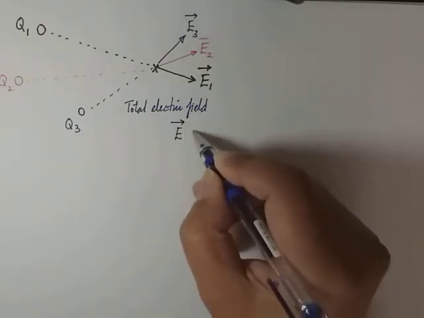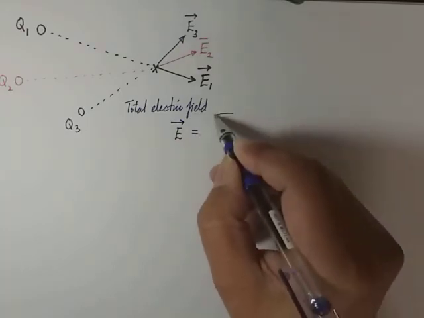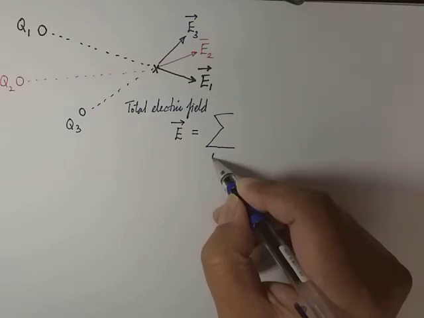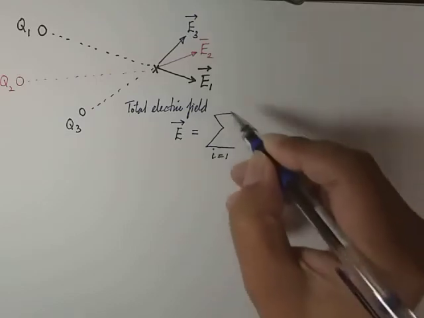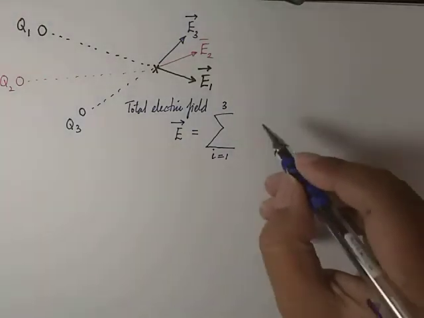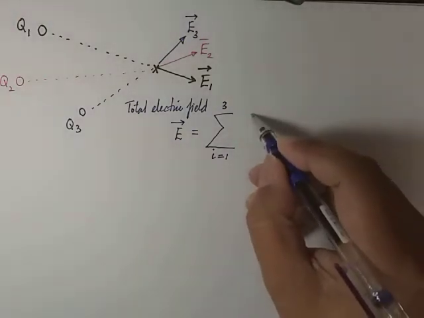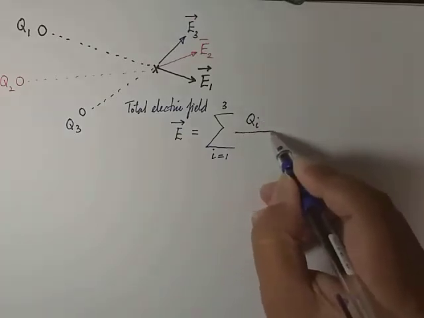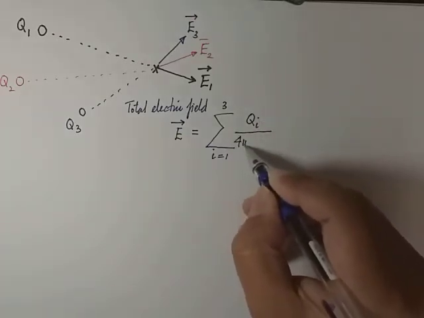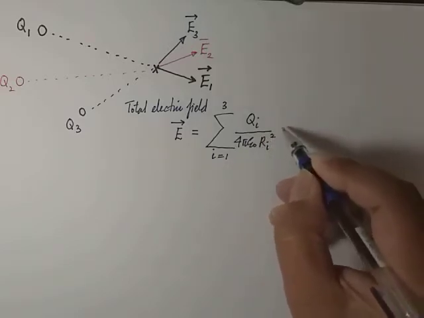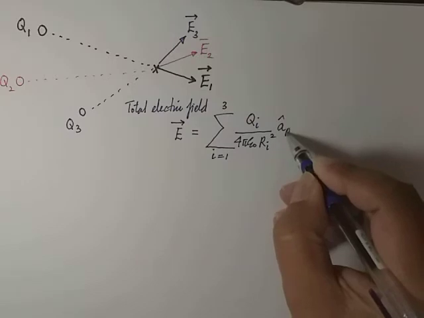And then what we can do now, we can just sum. So I'm going to put i from 1, and then there should be 3 because 3 point charges in our model. So it should be Qi divided by 4 pi epsilon naught Ri squared, unit vector aRi.